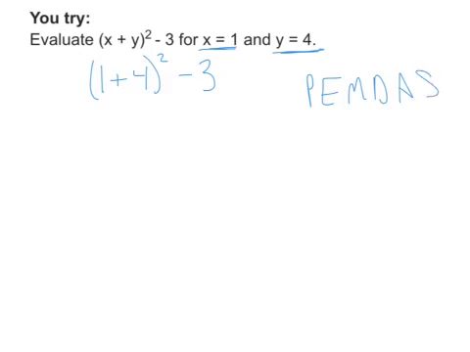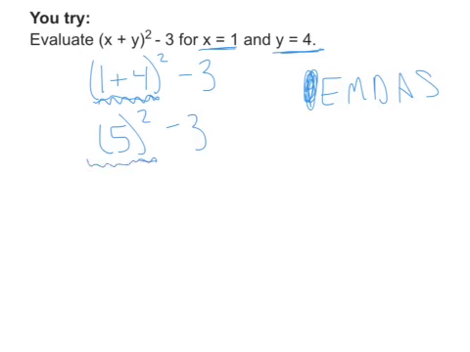So P is parentheses. We have a set of parentheses here, and inside that set of parentheses we have 1 plus 4, which will give us 5. Bring down the exponent of 2, which is squared. Bring down that -3. So there's our P for parentheses. E is exponent. So we definitely have an exponent here.